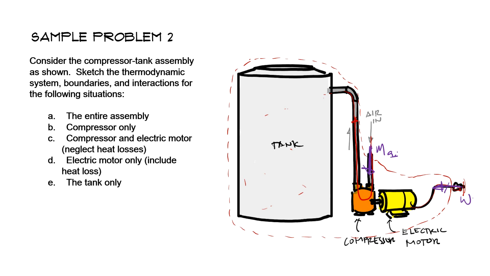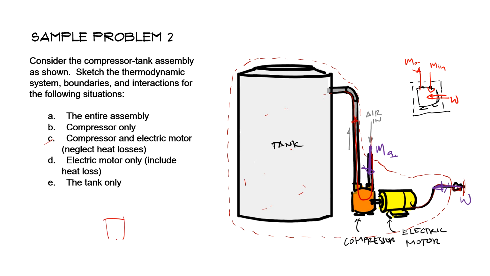Again, for letter B, if it's going to be the compressor only, let's say here's the compressor. Then we need work from this electric motor, so work input, and then we also have mass in from the air and then mass out. I think that's it. And then for letter C, compressor plus electric motor.